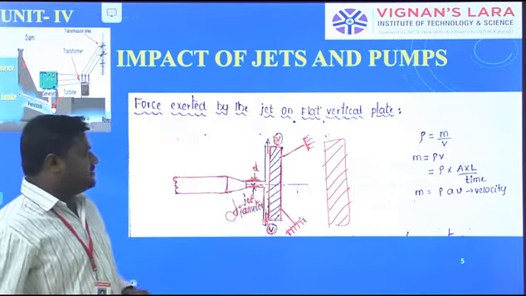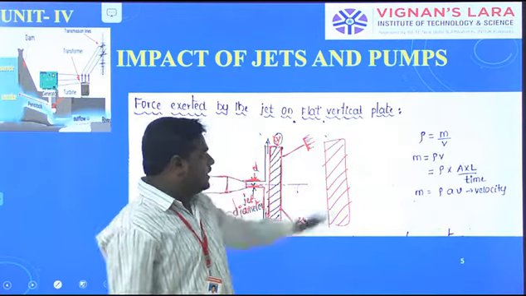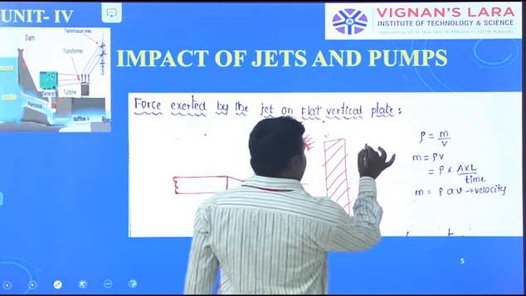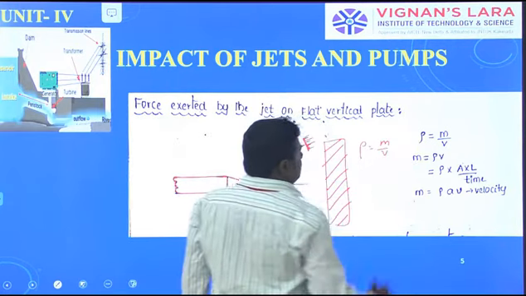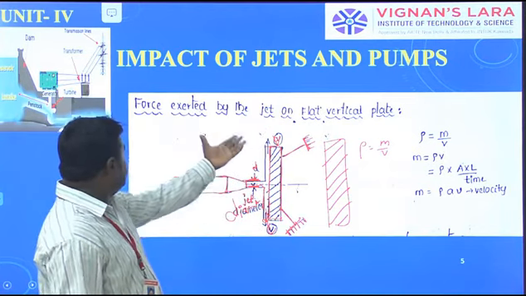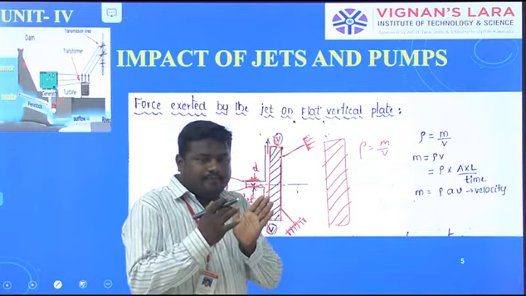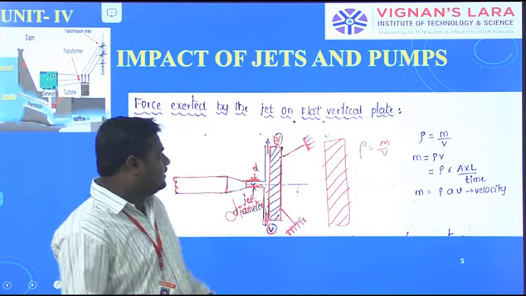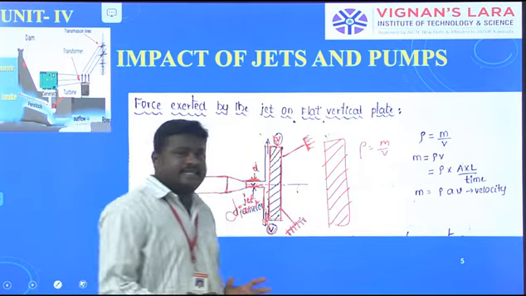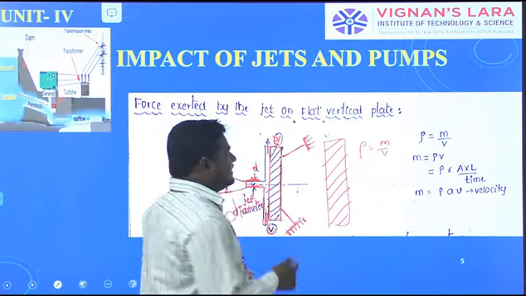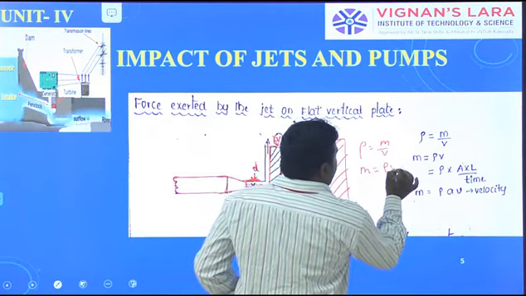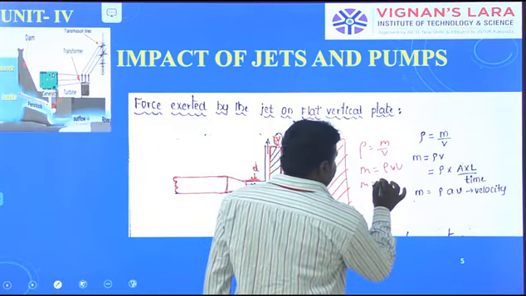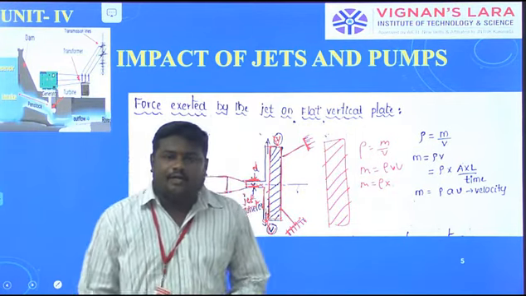Now the density of water: density equals mass by volume. This is the force exerted by the jet on the flat plate, where the plate is vertical. Then the mass equals density into volume, which means density into area into length by time.